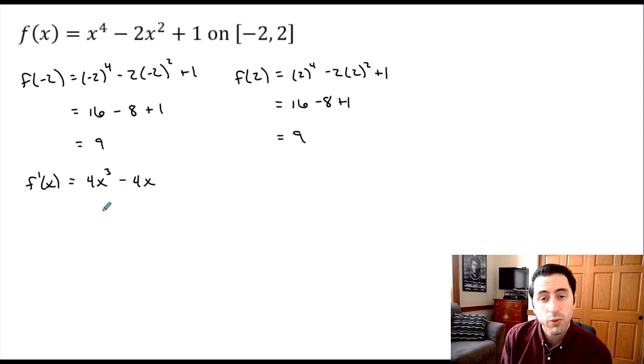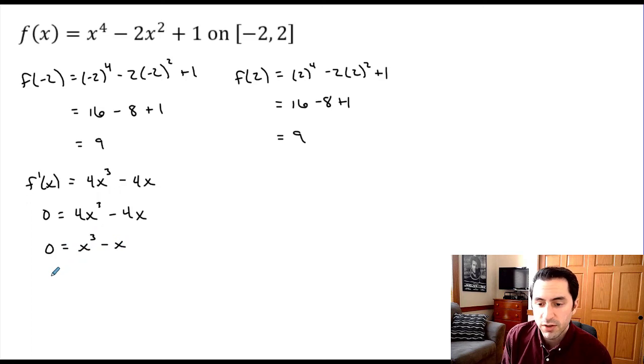Now, where we're going to have a horizontal tangent line is wherever this is equal to 0. So I'm going to set the derivative equal to 0, and then let's solve for x. Right away, I see that both terms have a common factor of 4, so we can divide that out. So we get 0 equals x cubed minus x.